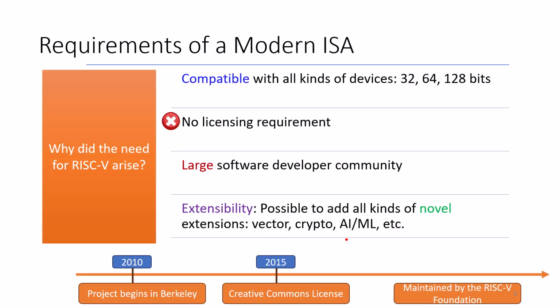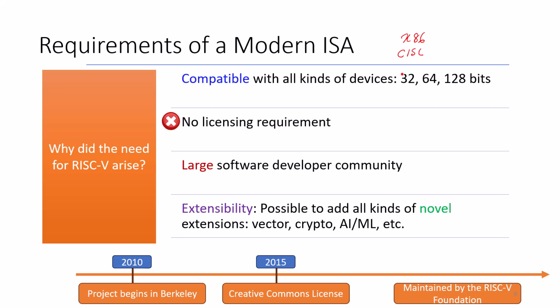So without further ado, let's discuss the main reason for having a modern ISA. You need to understand that, from the starting of this millennium, no one really thought that an ISA is something that is important. People thought that the field of ISA design is mature and there is no need to design a newer ISA because in any case you had x86, which was the market leader.